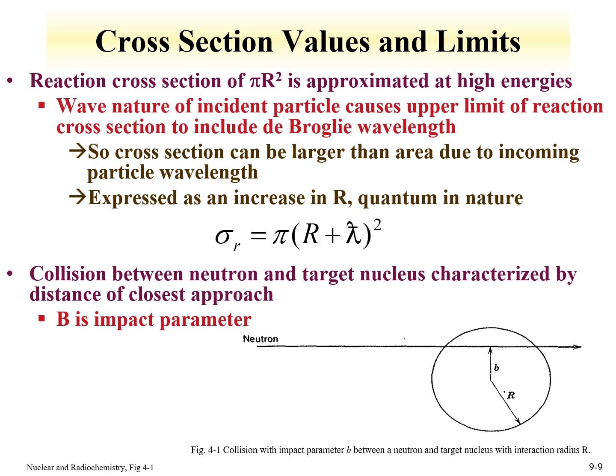However, the wave nature of particles has an upper limit of reaction that includes the de Broglie wavelength. So fundamentally, this equation, pi r squared, can go to pi times r plus the de Broglie wavelength, squared. So the cross sections can be larger due to incoming particle wavelength. And if you think about that, the cross section values change as a function of the energy of the particle. The target itself doesn't influence the variation in cross section.